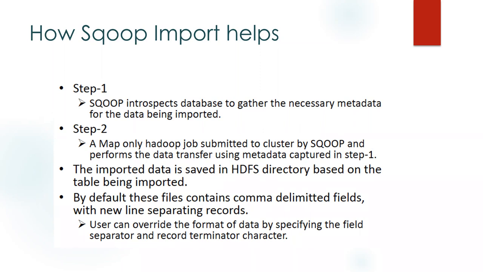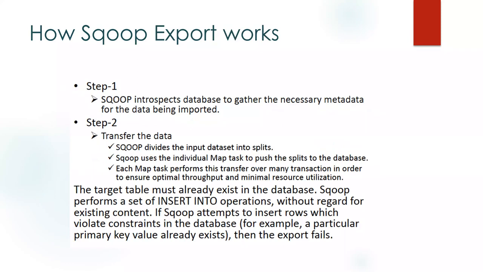So it is going to connect with your MySQL and say, hey, this is the table, these are the columns, etc. Step 2, a map-only Hadoop job is submitted to the cluster by Scoop and performs the data transfer using the metadata captured in step 1. The imported data is saved in an HDFS directory. By default, these files contain comma delimited fields. So this is how the Scoop import happens.